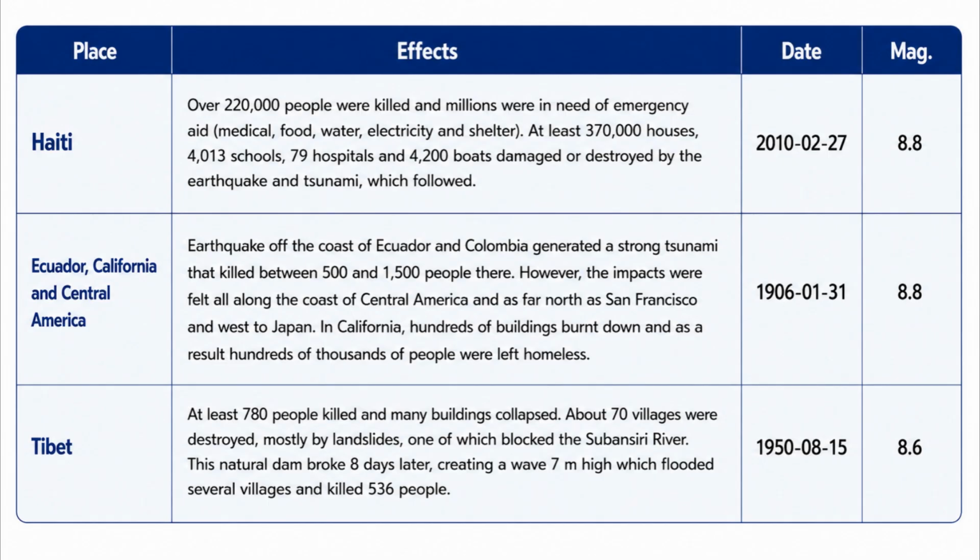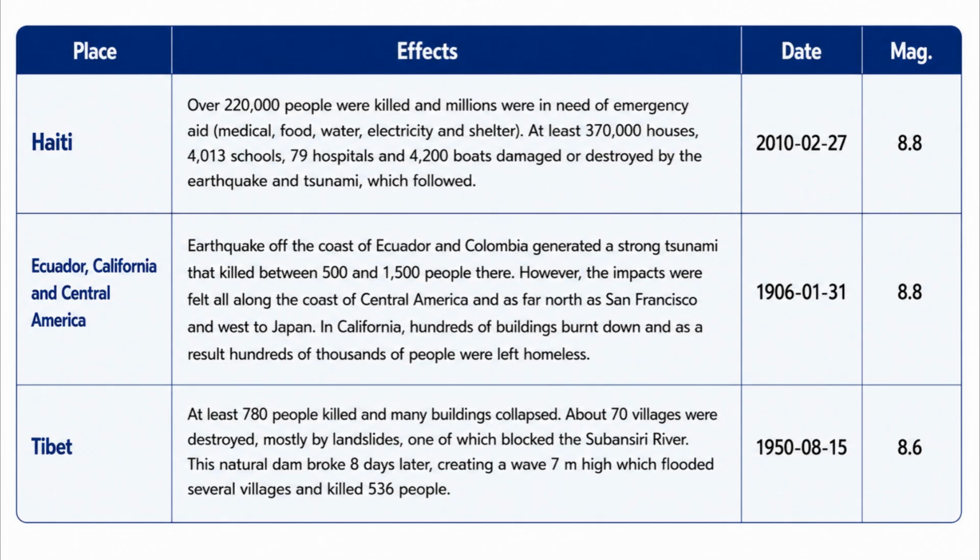The impacts were felt all along the coast of Central America and as far north as San Francisco and west to Japan. In California, hundreds of buildings burned down, and as a result, hundreds of thousands of people were left homeless. This magnitude was 8.8.